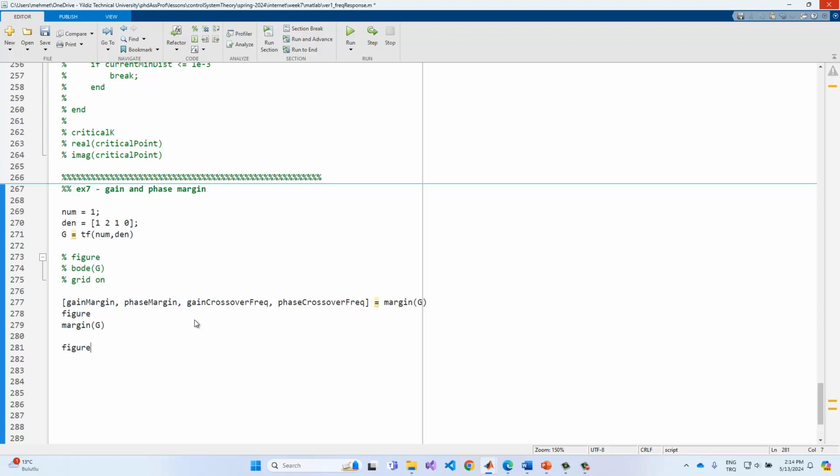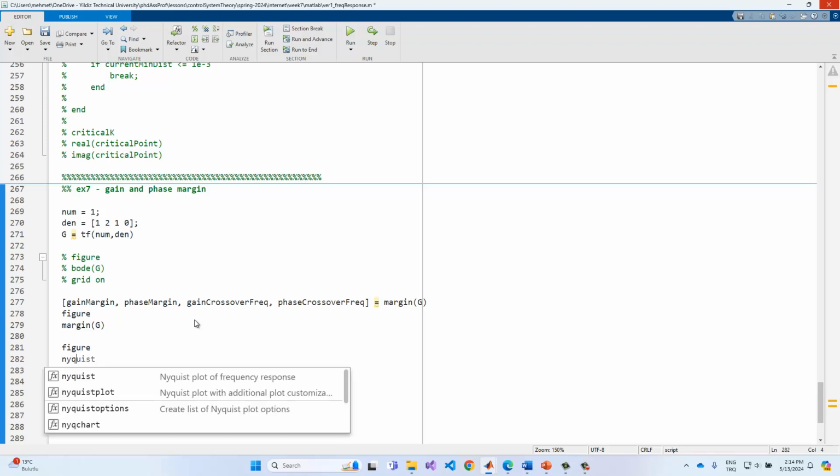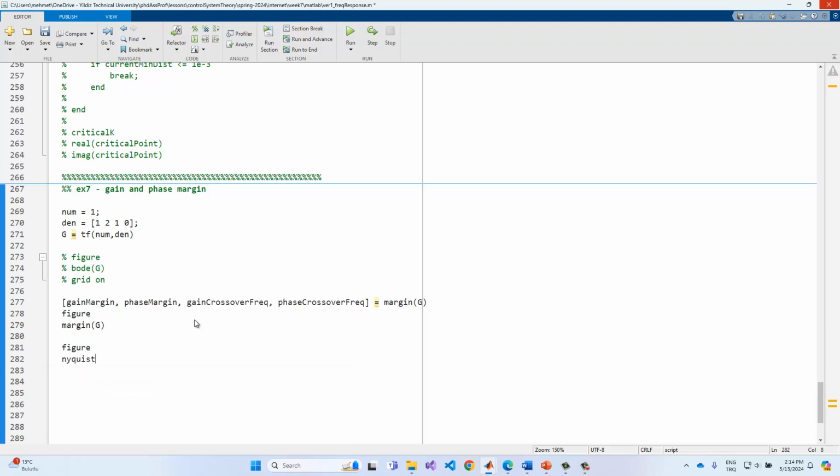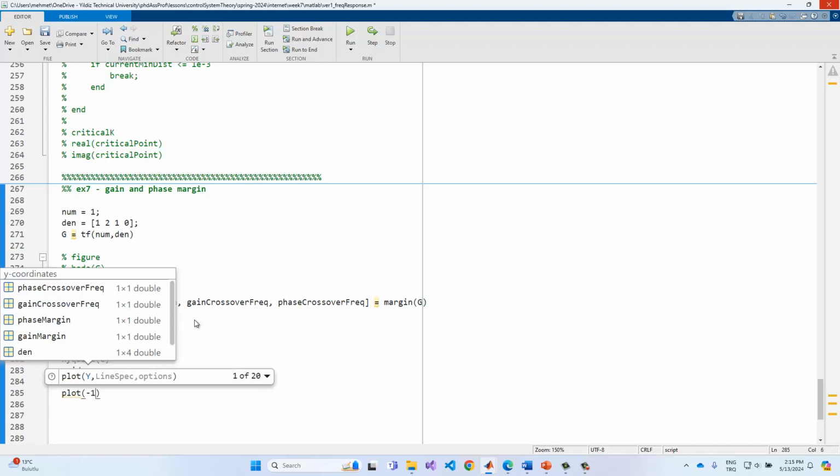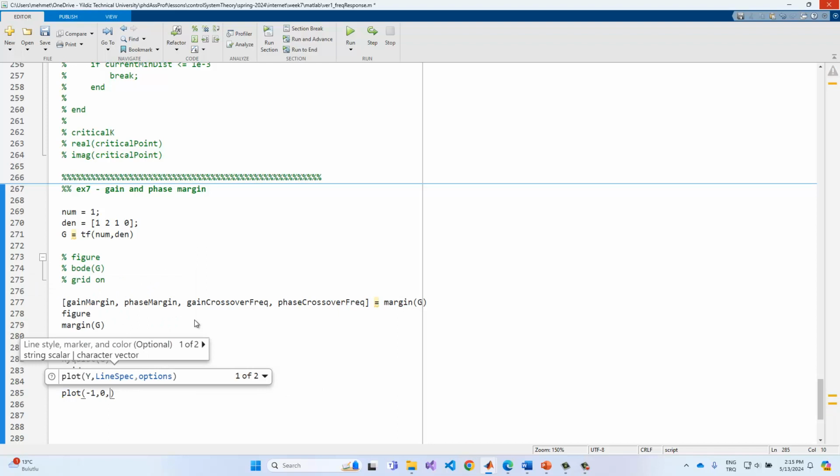For example, we can figure a Nyquist plot: nyquist G, grid on, and plot the reference point at -1, 0.